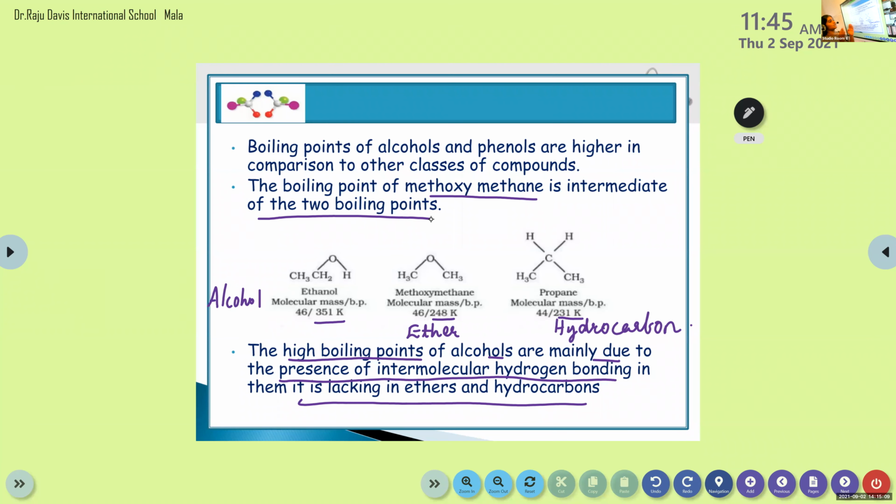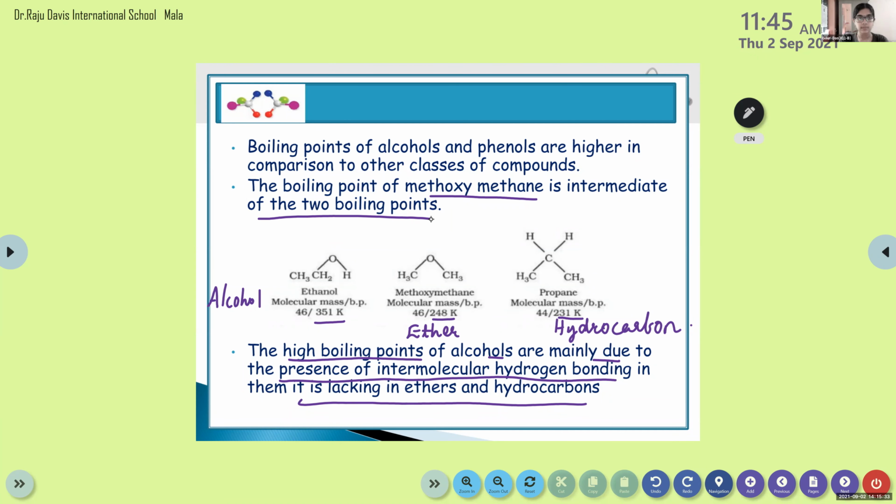When the carbon atoms increase in a straight chain, boiling point increases. If any branching occurs, it decreases because the surface area will decrease. That will affect the van der Waals force. There will be a decrease in van der Waals force with decrease in surface area. Clear? Is this clear about boiling point? All of you? Yes, ma'am.